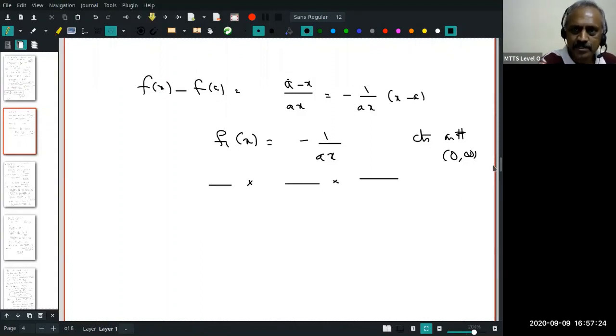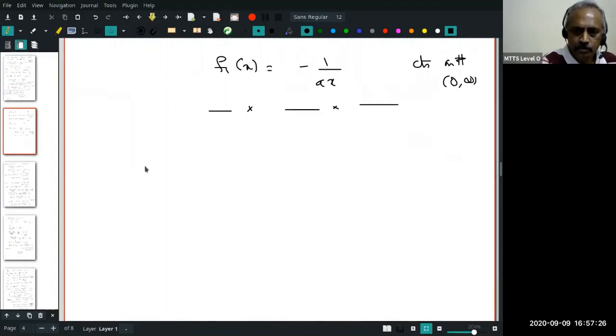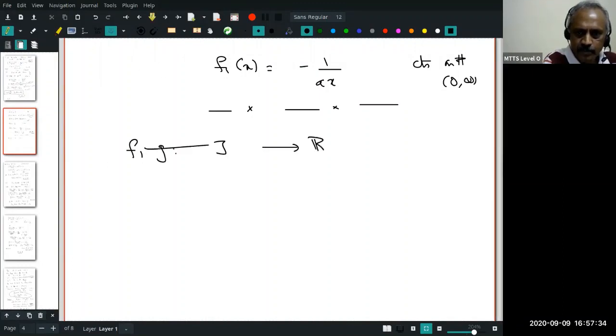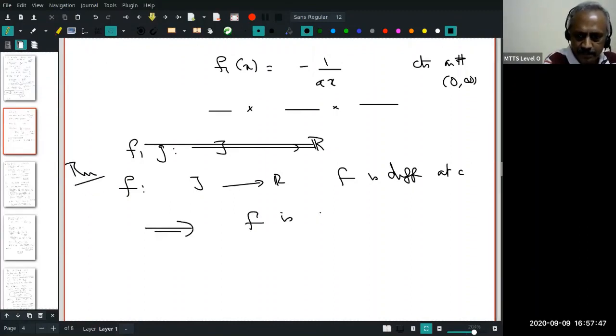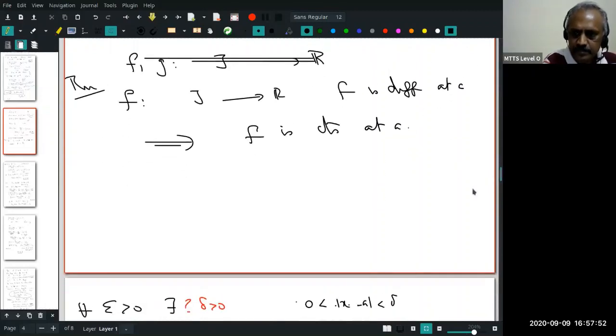Okay, let me start. Do first two, the rest we will do in the next lecture. Suppose f and g are functions from, okay, before that, suppose f is from J to R and f is differentiable at a. Then I want to say, this is the usual theorem, f is continuous at a. Yeah, I claim that is obvious.